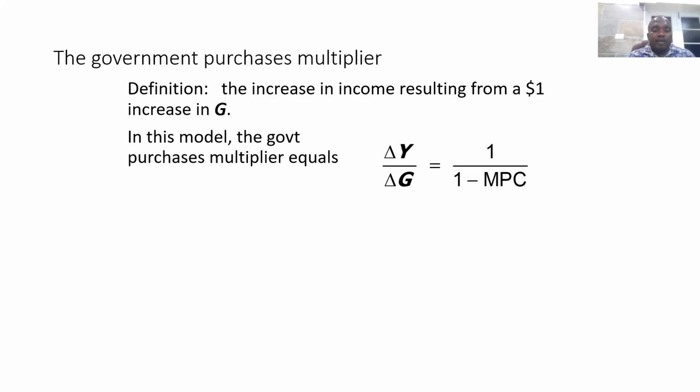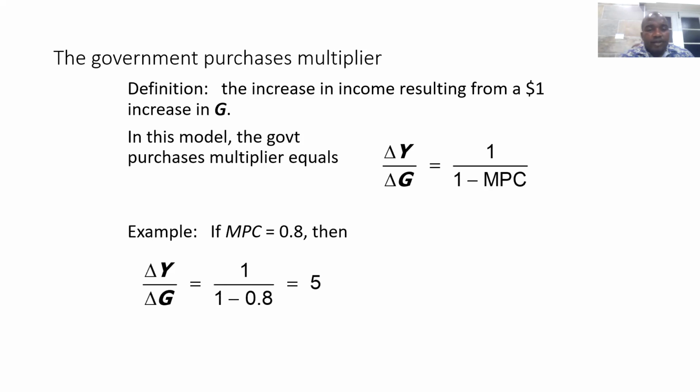If we come up with a problem, if MPC is equal to 0.8, then the government spending multiplier is simply delta Y over delta G, which is equal to 1 over 1 minus 0.8, which is 1 over 0.2, which is simply 5.